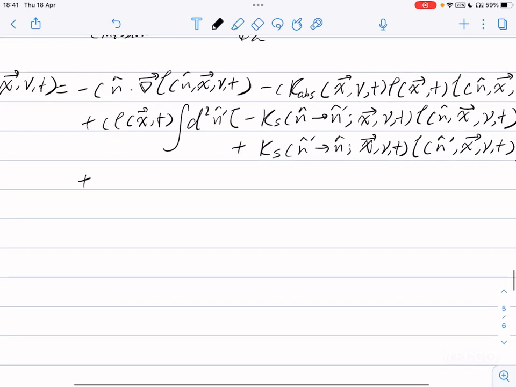And finally, the emission term j x nu t rho x t over 4 pi.